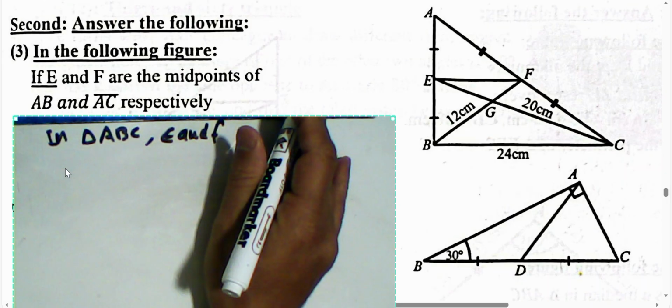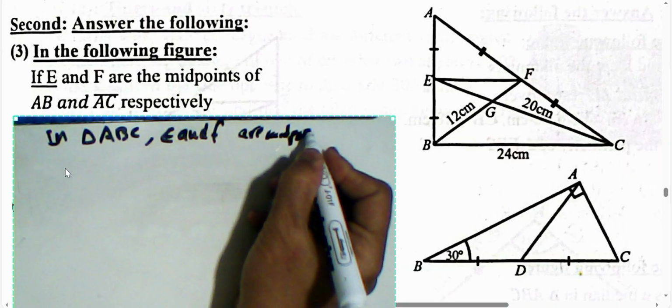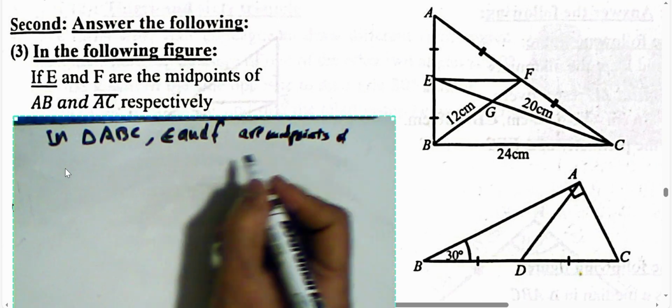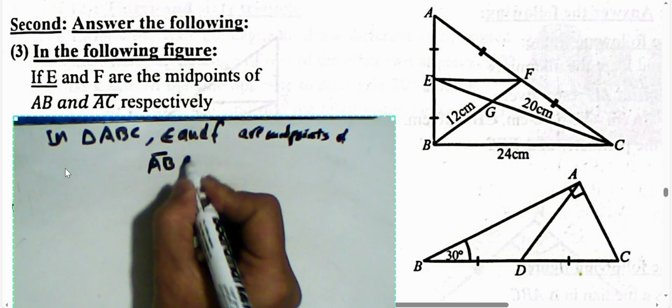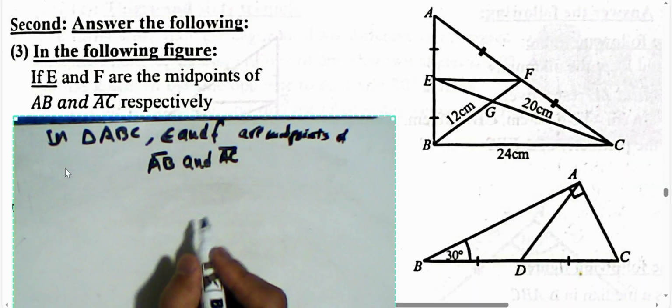E and F are midpoints of AB and AC respectively.